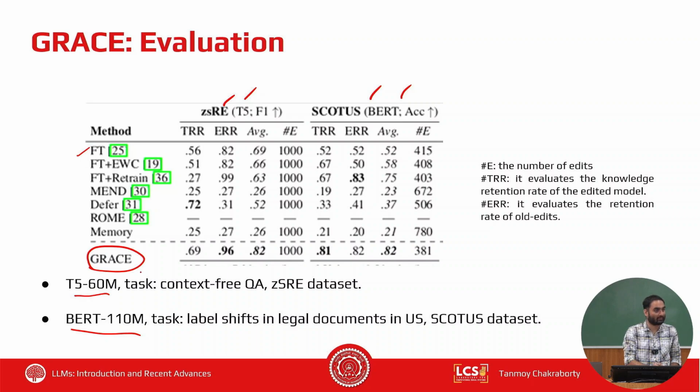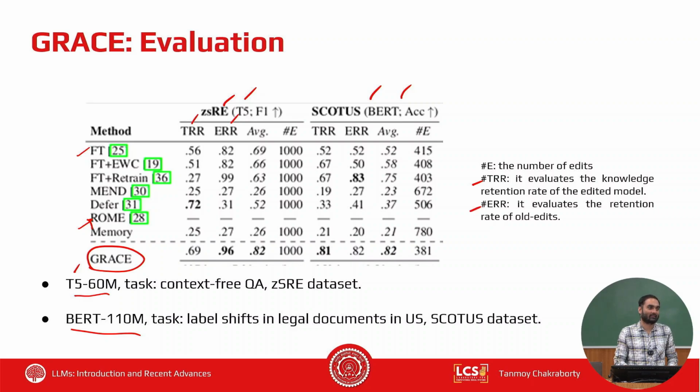They also compared their method with Rome. They tested their method with respect to these two evaluation measures. You see here, Grace beats all the existing methods, including Rome, in terms of TRR, which is basically success rate, and ERR is the retention rate of old edits.